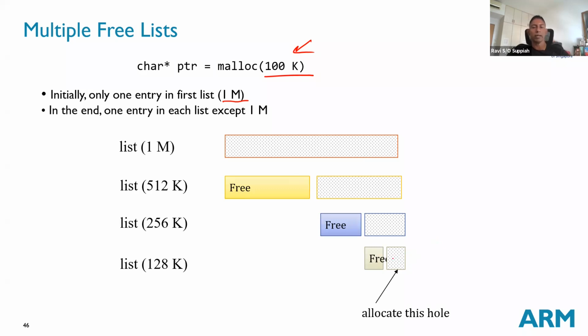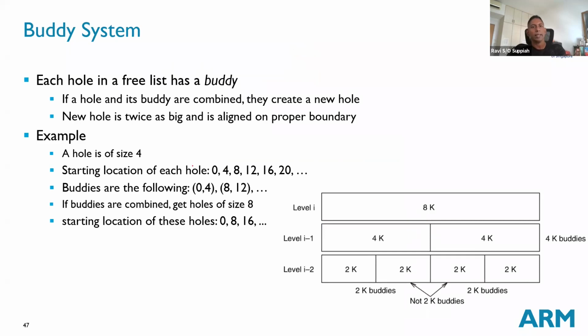So now I have multiple free lists of different memory chunks, depending on what I need.